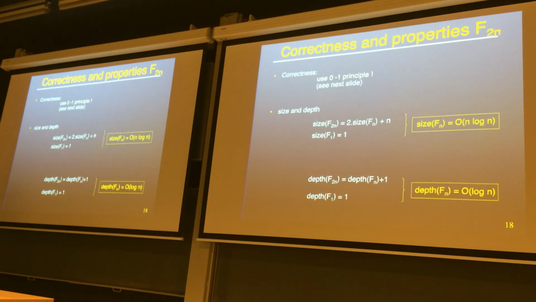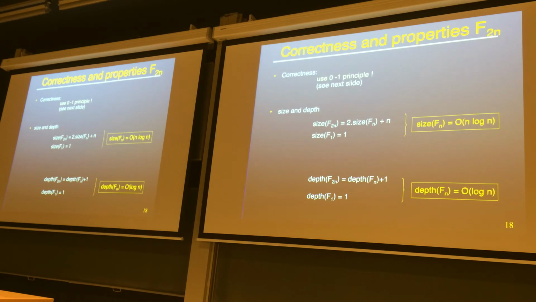That means that the depth of Fn is O of log n. So compared to insertion sort, this merging is quite cheap. For the insertion sort, we already knew that the size is n squared. Here we have n log n.